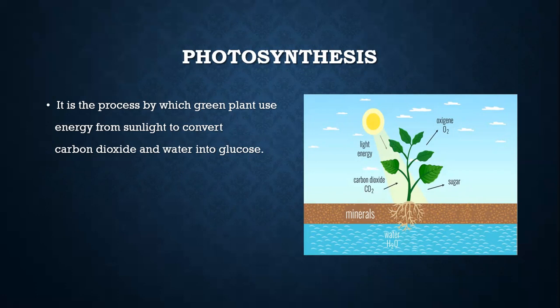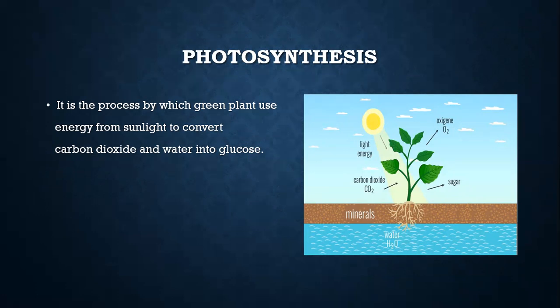This absorbed water is transported through the root to the stem, and after that to the leaves, where the process of photosynthesis takes place. Carbon dioxide from the air enters the leaves through small tiny pores called stomata.